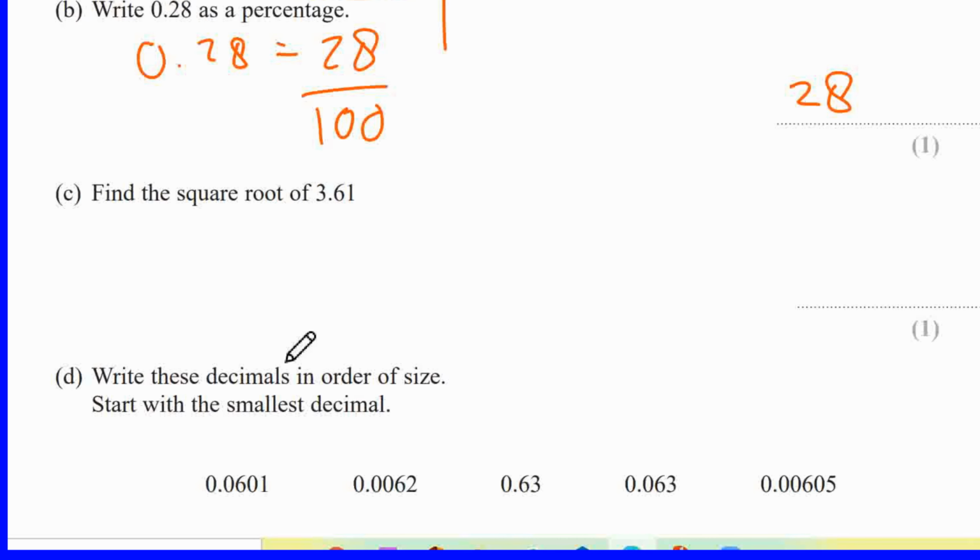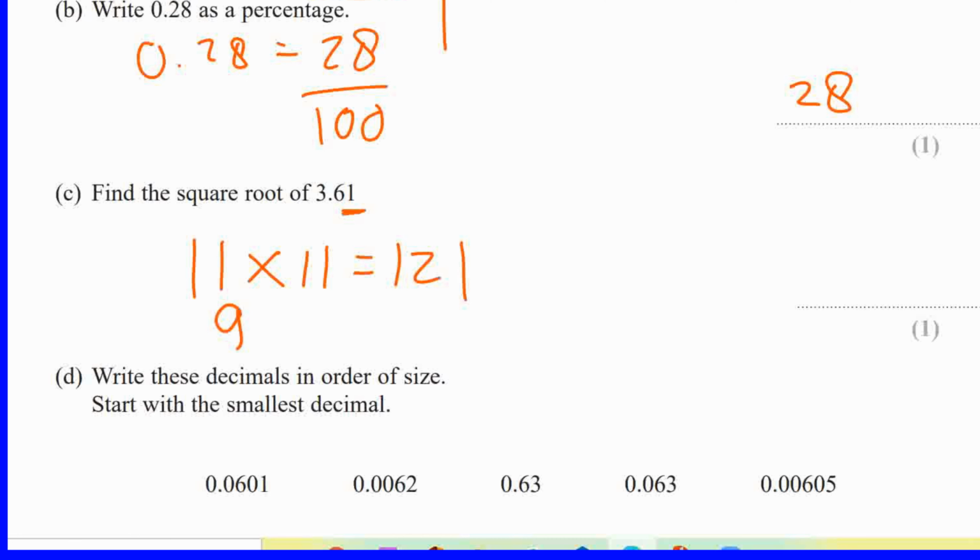Find the square root of 3.61. So we know by mental multiplication, this ends in 1, so the ending should be 1 or 9. 1 times 1 is 1, 2 times 2 is 4, 3 times 3 is 9, 4 times 4 is 16, 5 times 5 is 25, 6 times 6 is 36, 7 times 7 is 49, 8 times 8 is 64, 9 times 9.